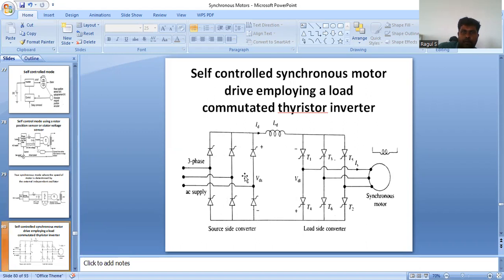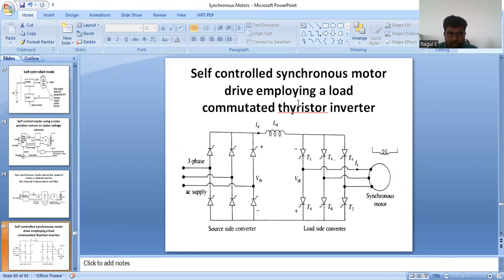Now the next technique: a self-controlled synchronous motor drive employing a load commutated thyristor inverter. Here the source side has one converter and the load side has one converter, so totally two converters. The source side converter acts as a rectifier, and the load side converter acts as an inverter.